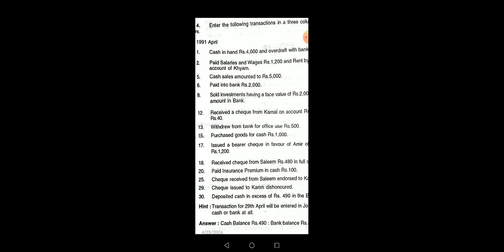Here there are transactions and we are needed to convert these transactions into our required target. All right, so these are the transactions which normally be given by any question or in any book, and we, as an accountant, are responsible to convert these transactions into usable information.